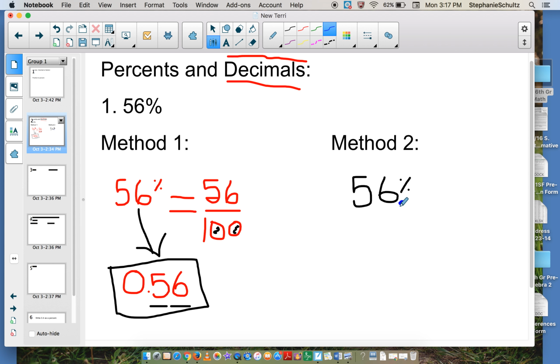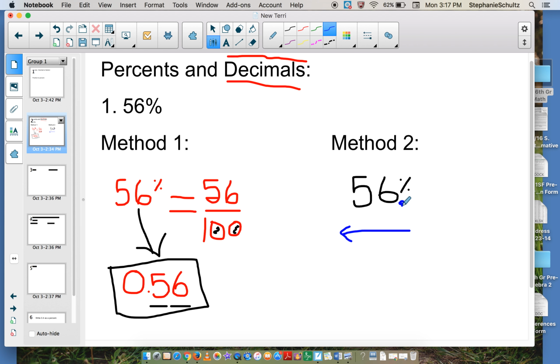The reason I'm bringing this up is because the second method is to understand that percent is out of 100. And if it's out of 100, it's like dividing it by 100. And dividing by 100 means that you can just move the decimal spot over 2 spots to the left. Which way's left, everybody? This way's left. So we move 2 spots to the left.